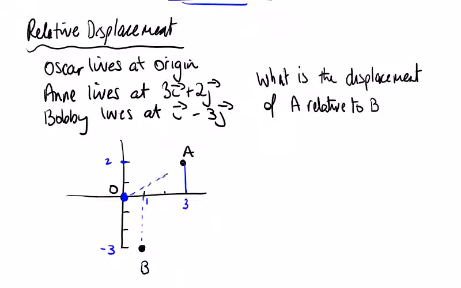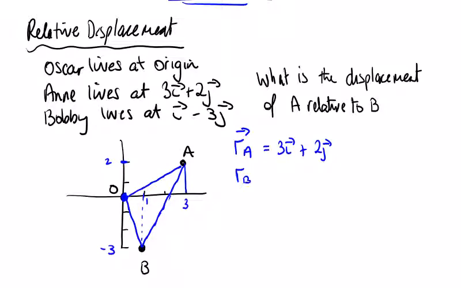So let's just have a look at this in mathematical terms. Just connect up our lines here. So we write it as OA. The position of A relative to the origin is 3i plus 2j.